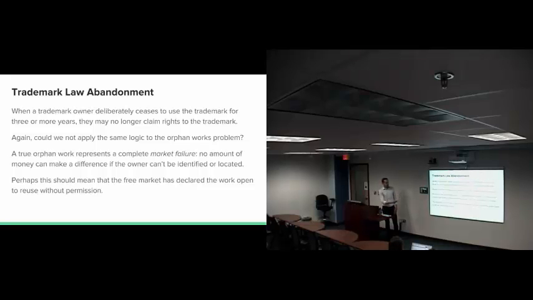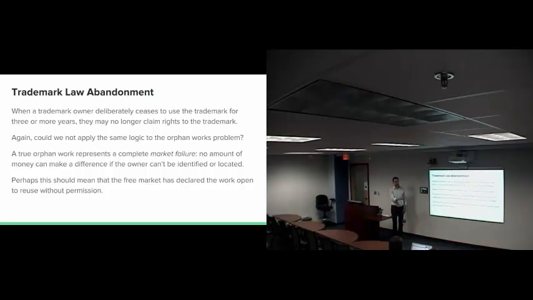But could we not apply the same logic to the orphan works problem? And especially given that, using the same logic again, an orphan work embodies a market failure. One of the purposes of copyright, in addition to promoting the progress of the sciences and useful arts, is to ensure that copyright creators have some kind of incentive and ability to profit off of the works that they create. But if it's an orphan, in almost all cases, it's sort of outlived its utility value in the market.